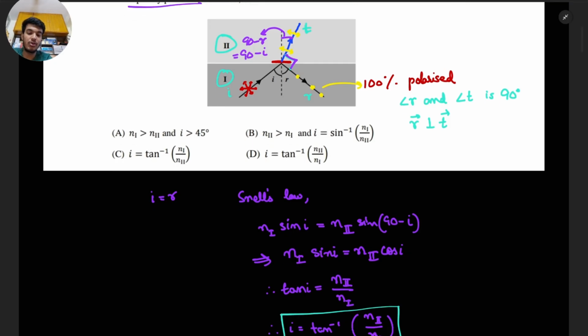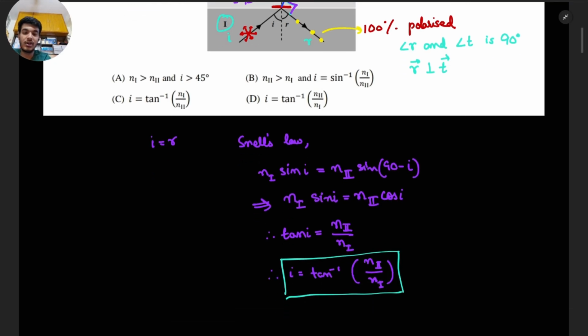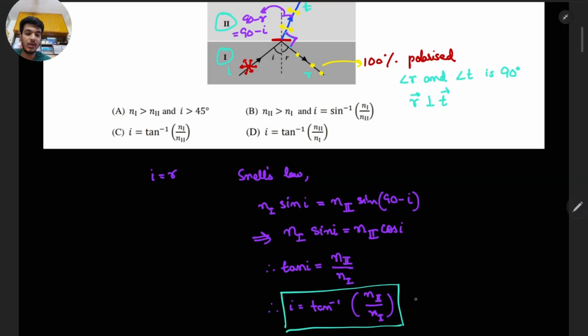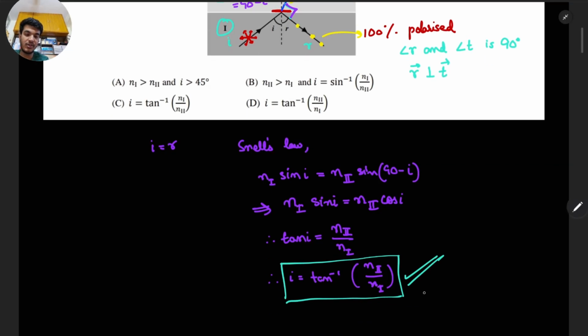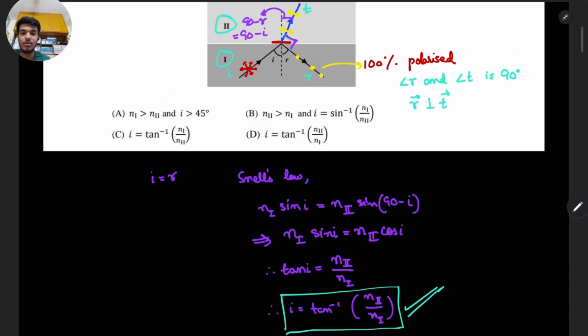Whatever relation we obtain is only about the angle of incidence in terms of the refractive indices of the two media. So the relation given as n1 has to be greater than n2, or n2 has to be greater than n1, all these are not necessary. Anything can happen, we don't know.